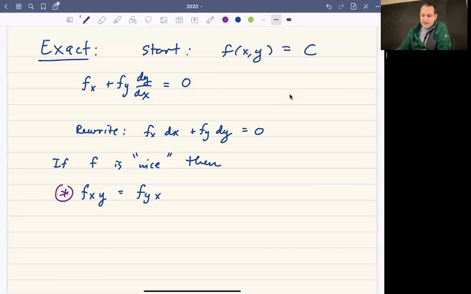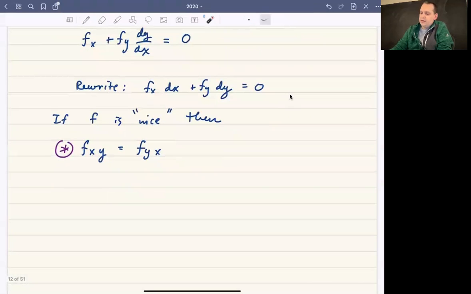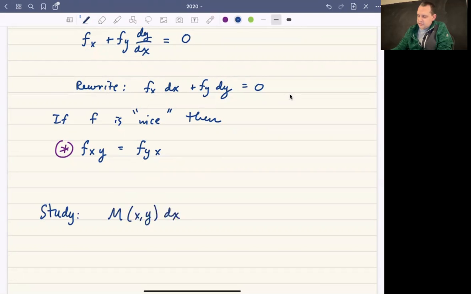So if f is nice enough, which most of the functions that we're going to talk about in this class are, then the second partial derivatives commute, meaning that the order doesn't matter. So we're going to use that to our advantage. Really, we're going to study equations of the form m of x, y dx plus n of x, y dy.